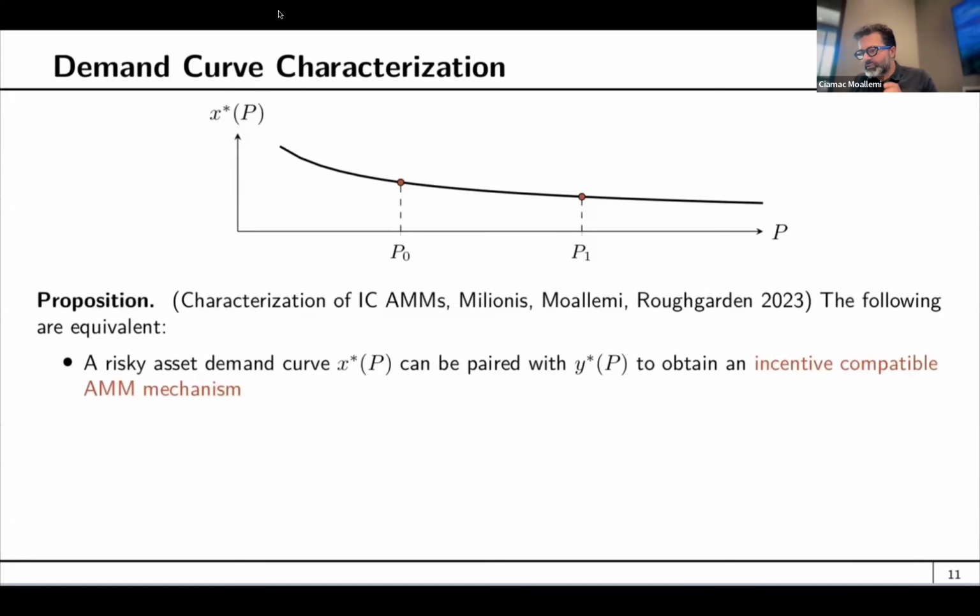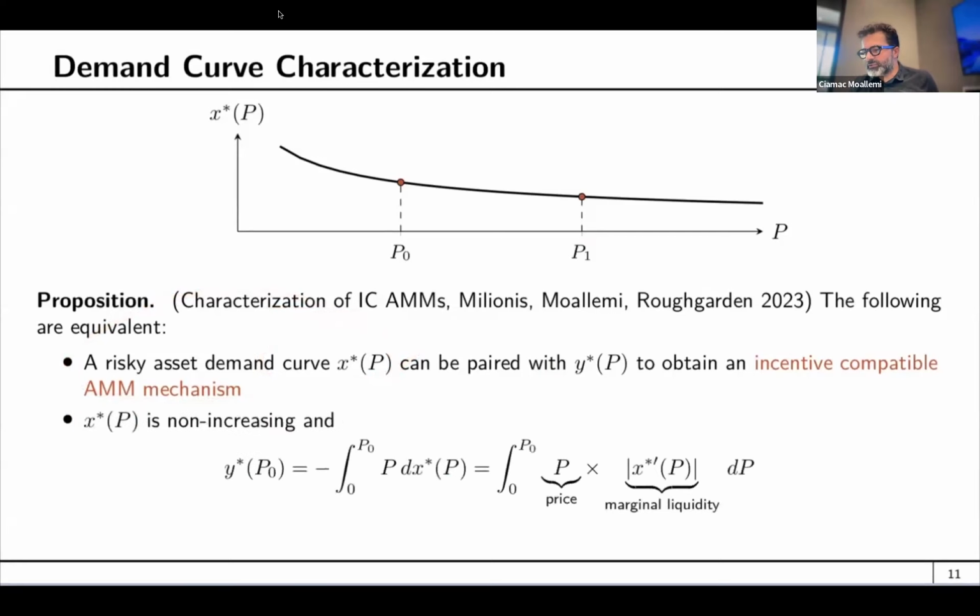So that's the characterization that a demand curve can be realized as an incentive compatible AMM mechanism. And it turns out that's equivalent to two things. Number one, the demand curve has to be non-increasing. It has to be downward sloping, or monotone.